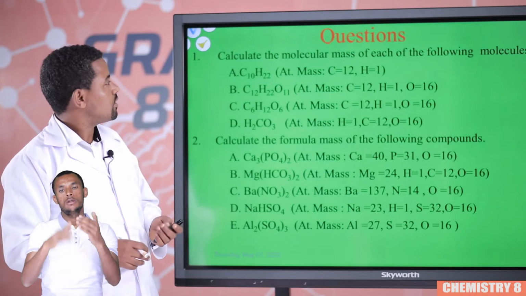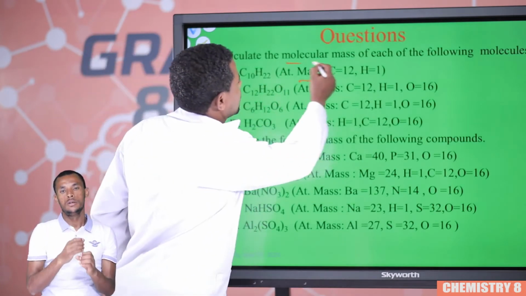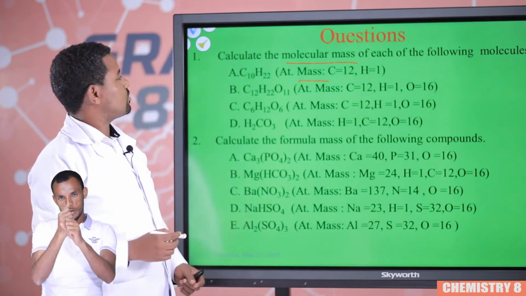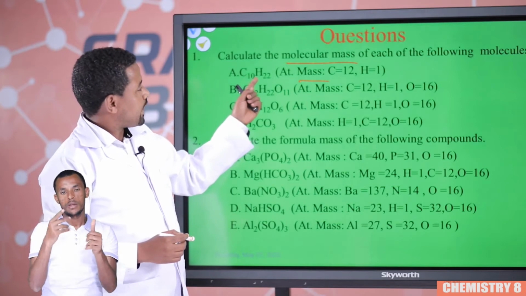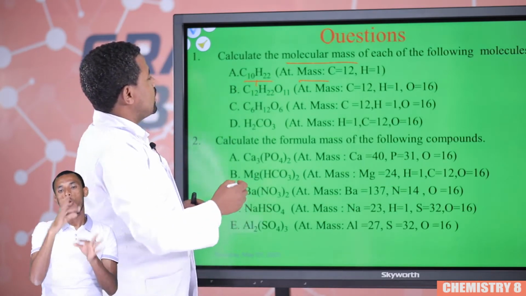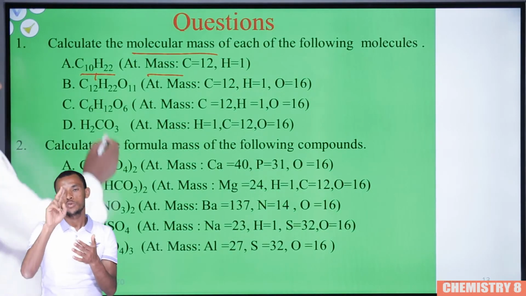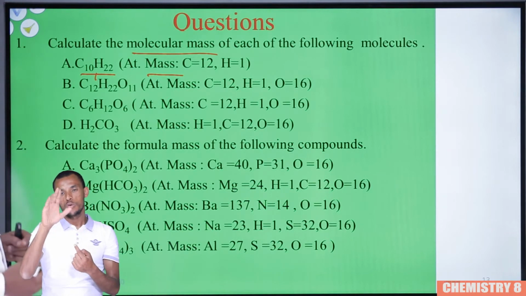So let's see some calculations. Calculate the molecular mass of each of the following molecules. Look at what we have listed here. This is decane, as you remember, decane molecule. This is sucrose. This is glucose. This is carbonic acid.